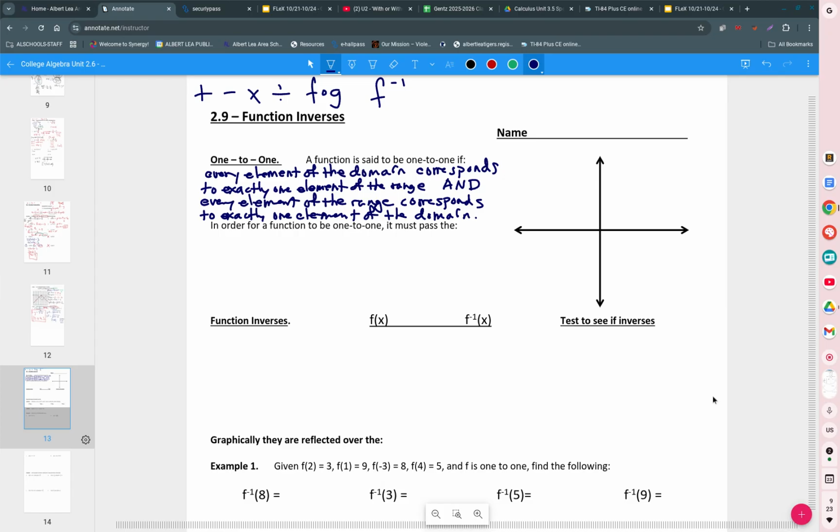Every element of the domain corresponds to exactly one element of the range, and every element of the range corresponds to exactly one element of the domain. Got it?